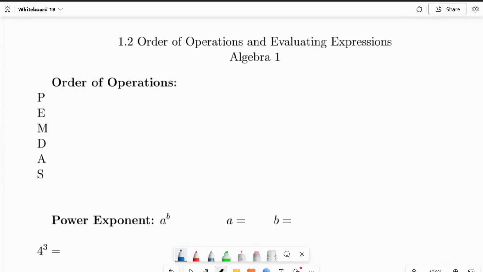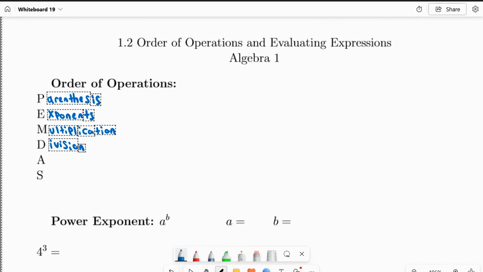So going over PEMDAS, remember the P is parentheses, E is exponents, M is multiplication, D is division, A is for addition, and S is for subtraction.